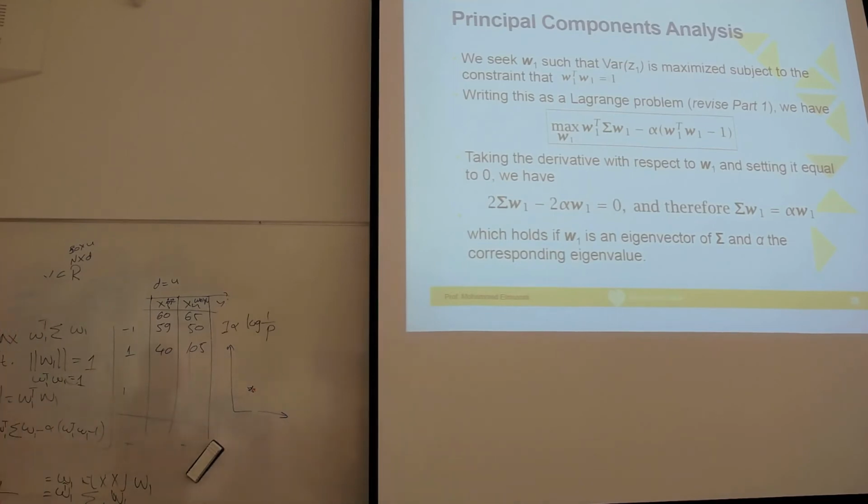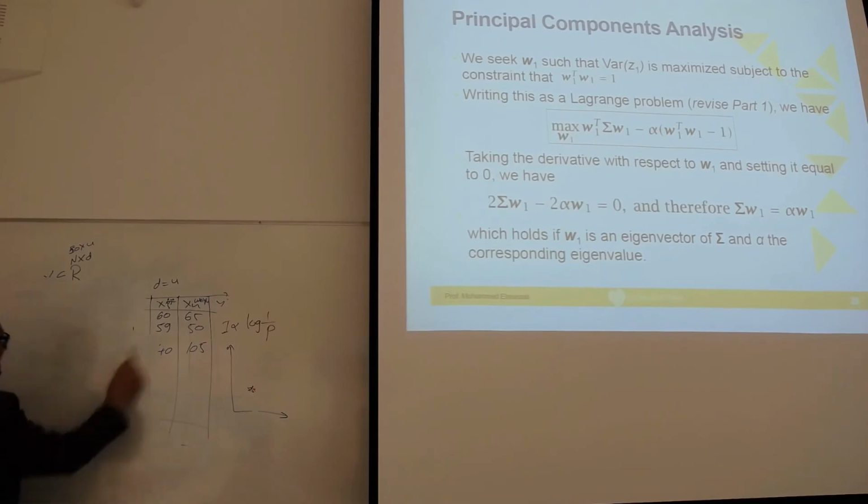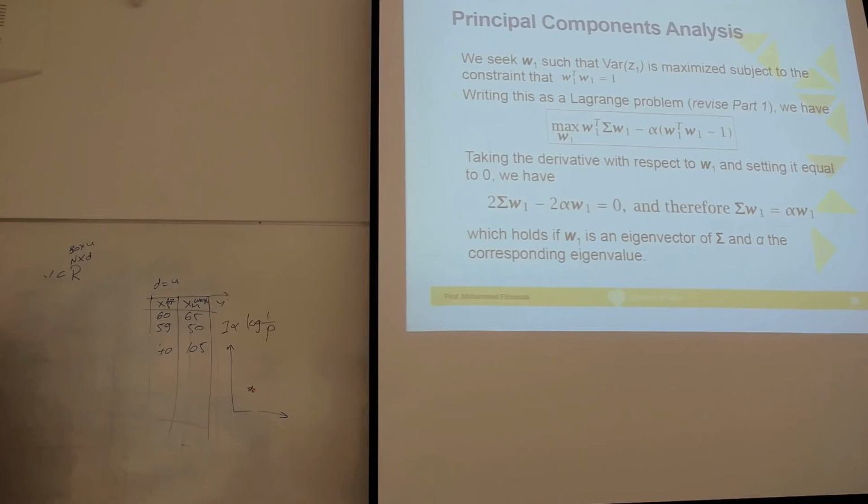By the way, the dimension of this covariance Z is d by d.